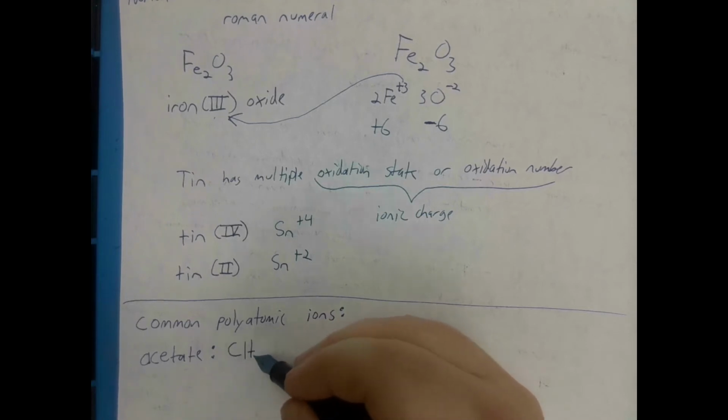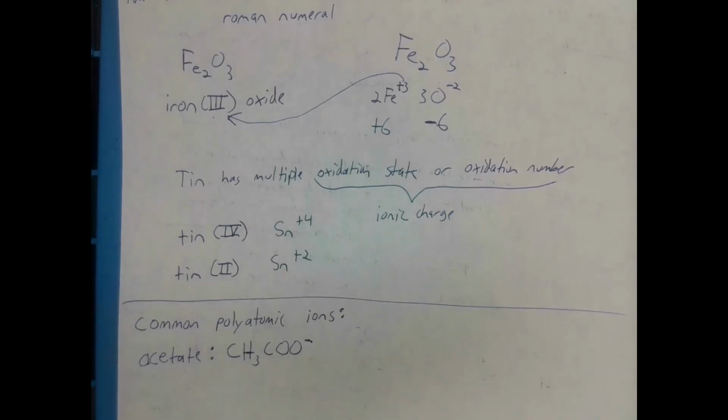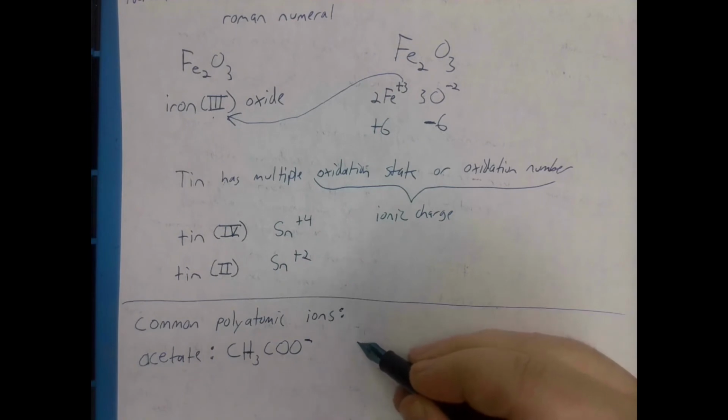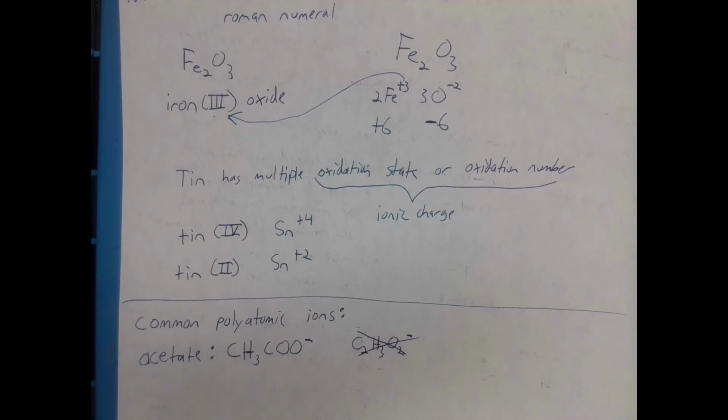It is CH3COO negative. What are these, CO2? No, it's COO. So yes, you can sometimes write it as C2H3O2 negative, but let's not use that one and use this one.